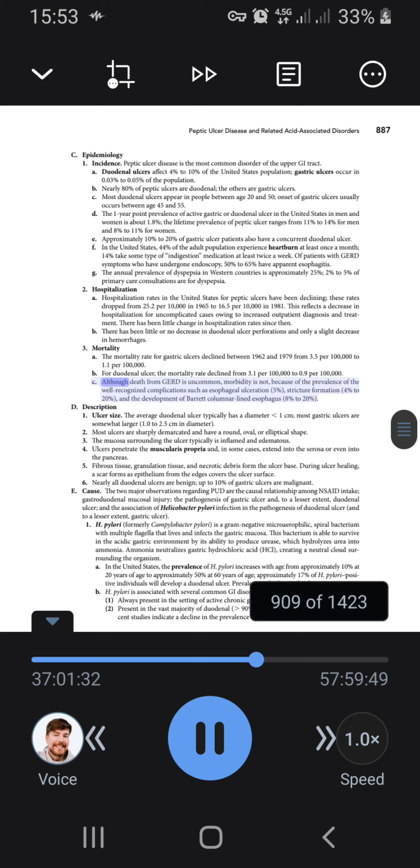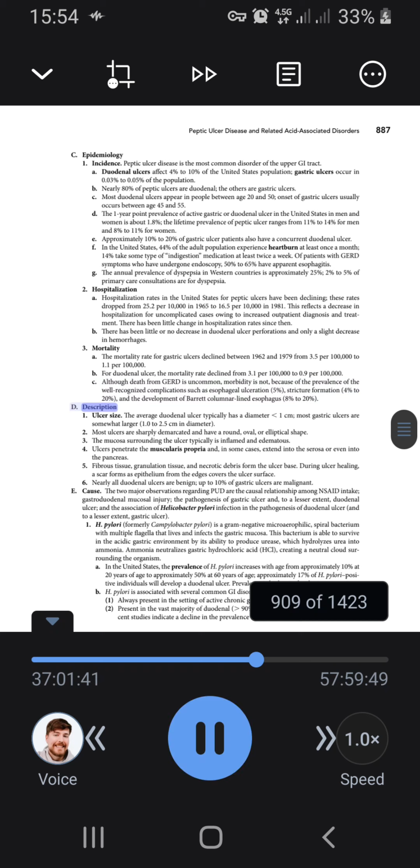C. Although death from GERD is uncommon, morbidity is not, because of the prevalence of well-recognized complications such as esophageal ulceration, 5%, stricture formation, 4% to 20%, and the development of Barrett columnar-lined esophagus, 8% to 20%.